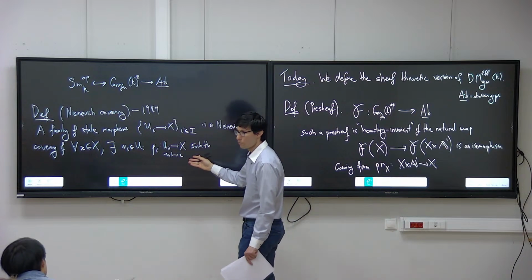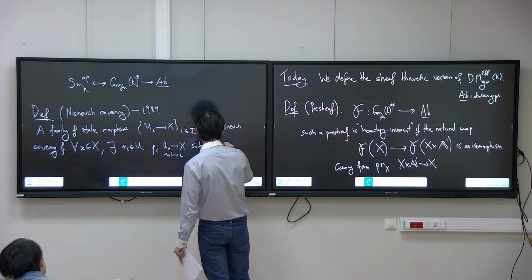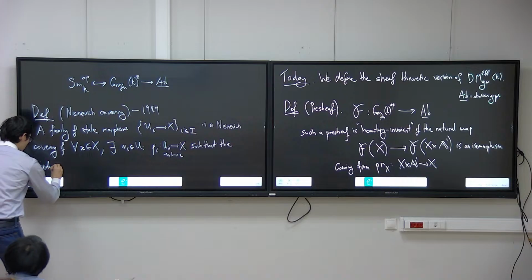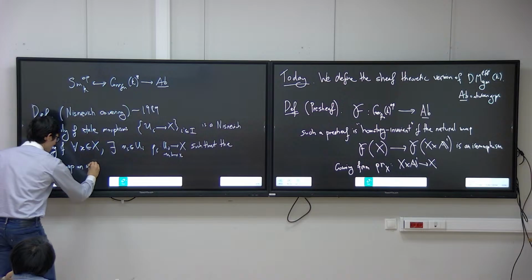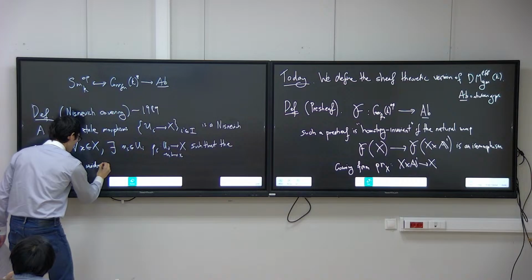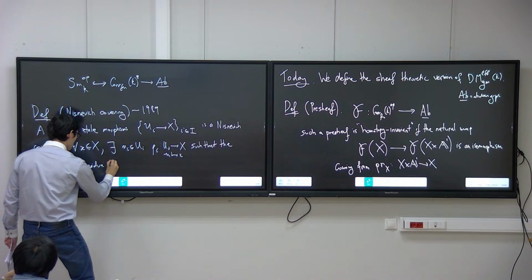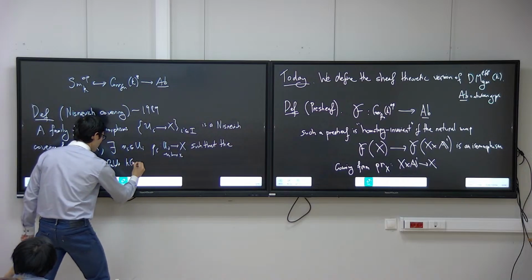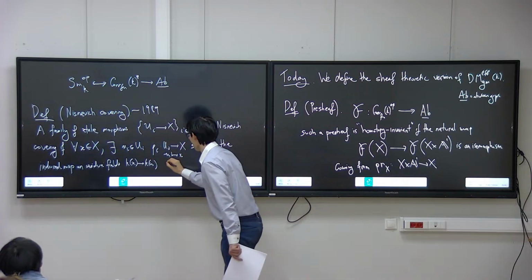We just cover all points in X, such that the induced map on residue fields, k(x) to k(u_i), is an isomorphism.